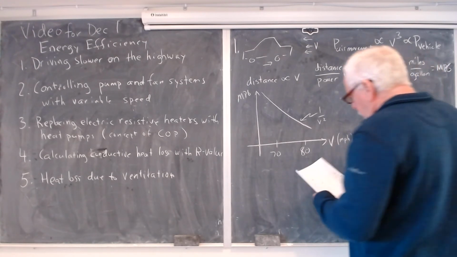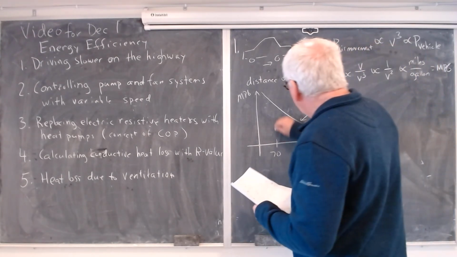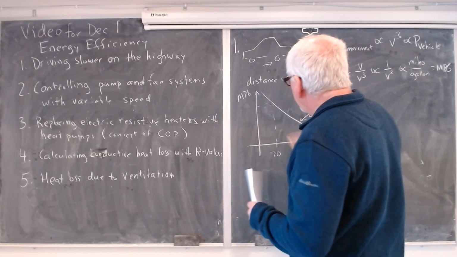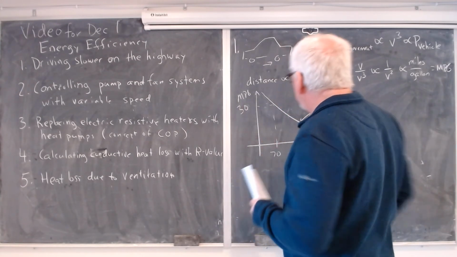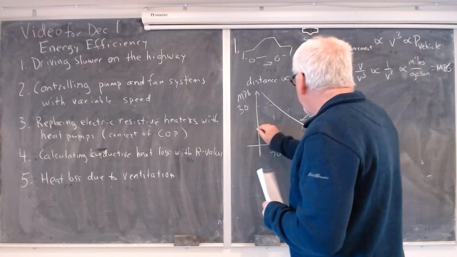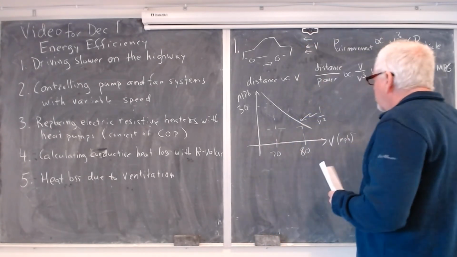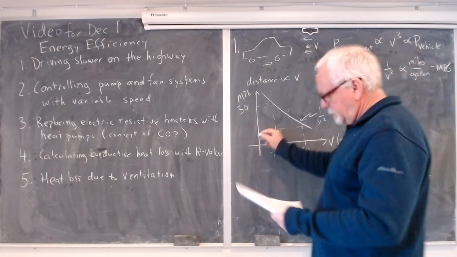And so at 70 miles per hour, if your MPG is 30, then at 80 miles per hour, you can write this very easily.